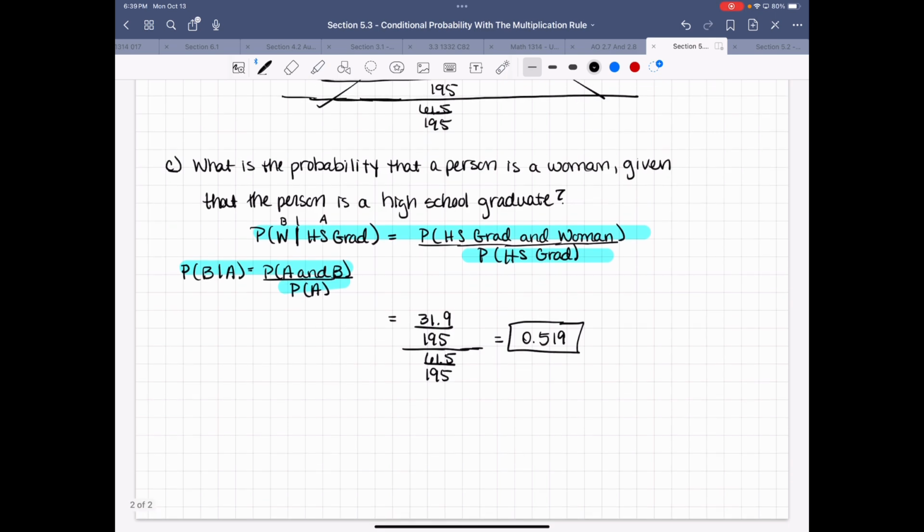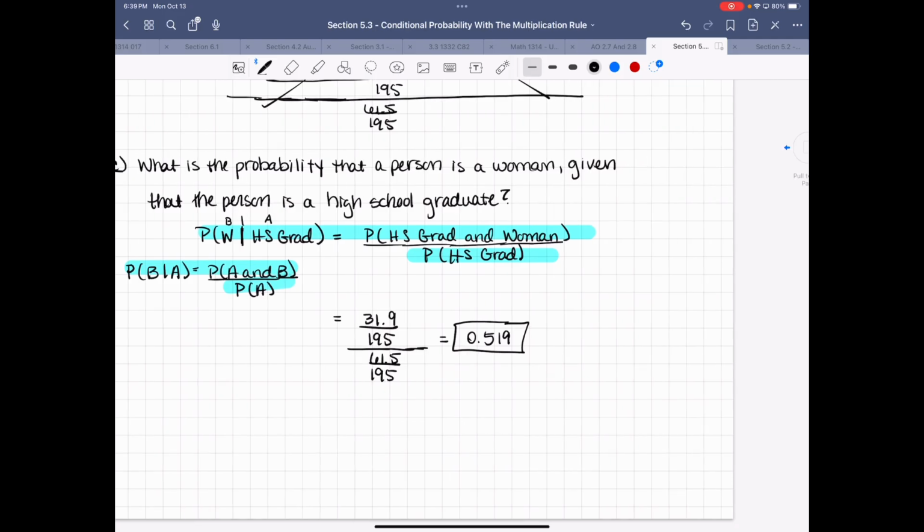Okay, let's talk about the general rule, the general multiplication rule.